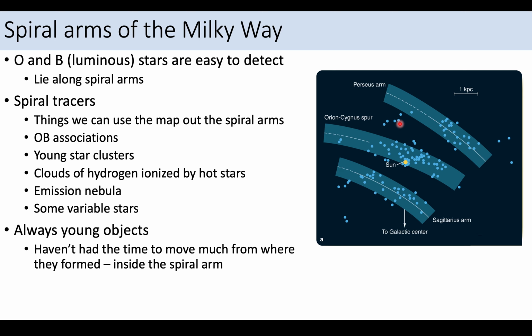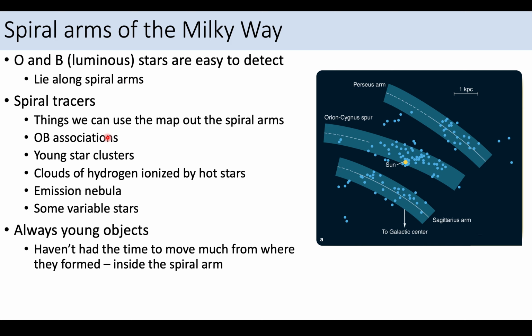So we use what we call spiral tracers. Spiral tracers are things that we can use to actually map out these spiral arms. Some of them are groups of O and B stars, very bright O and B stars that lie along those spiral arms.